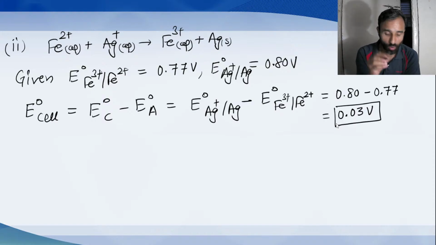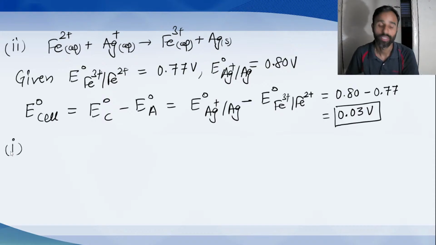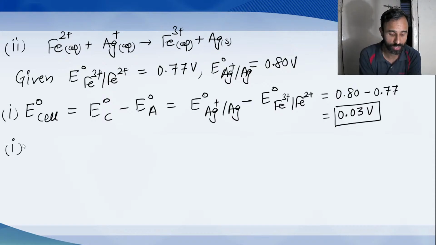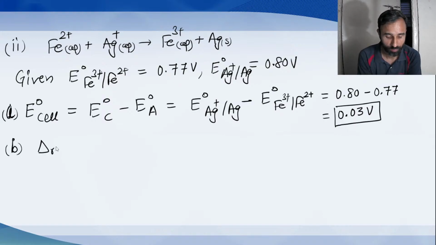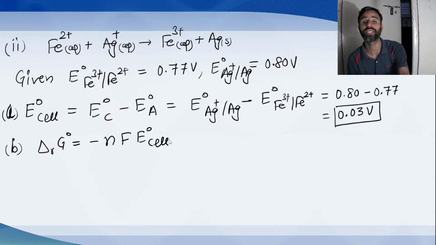Okay. Now the next part. This is the first part, A. Now B part, delta G naught. So delta G naught equals minus n F E naught cell. Tell me, what is the value of n in this case?